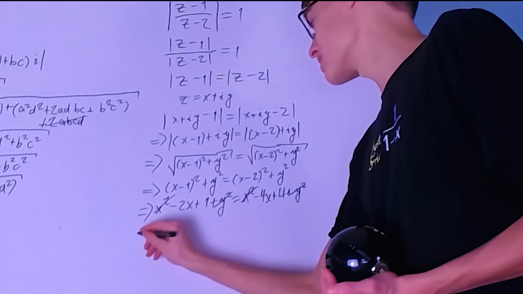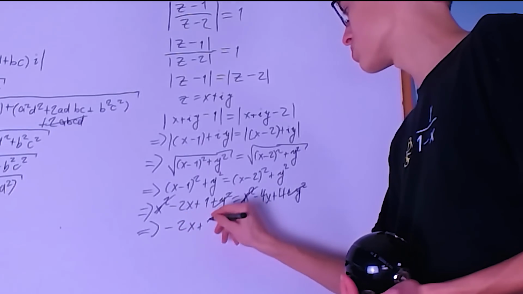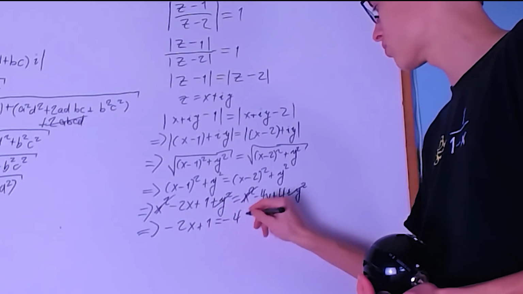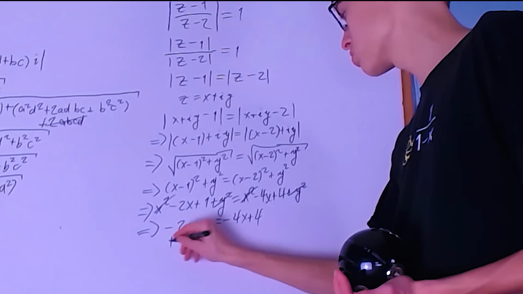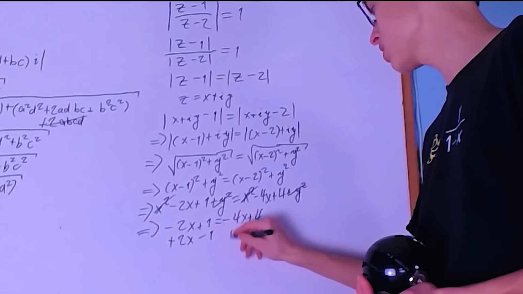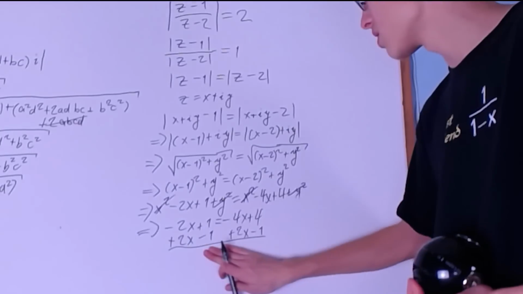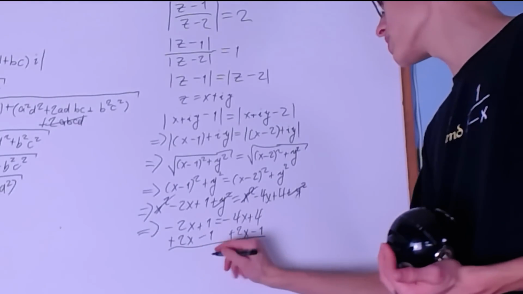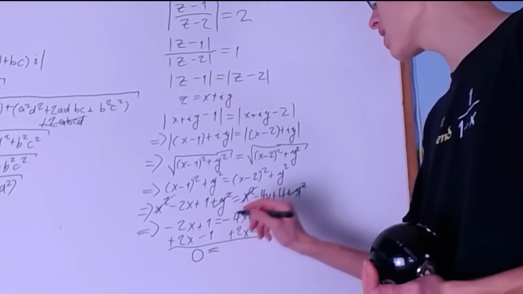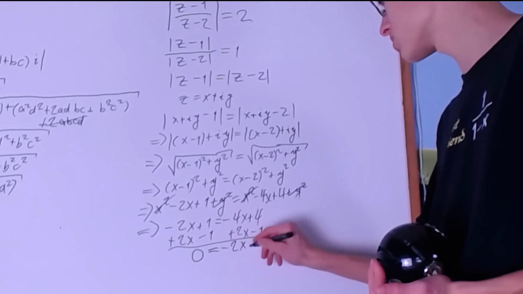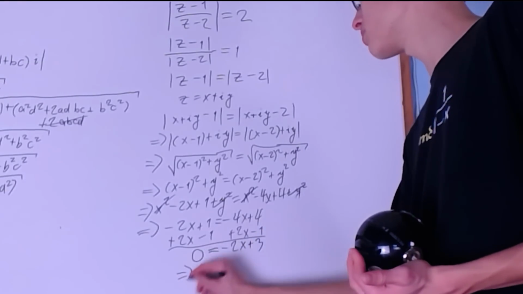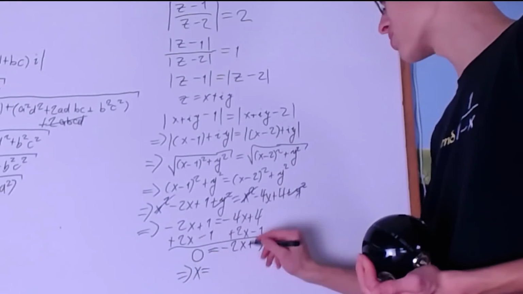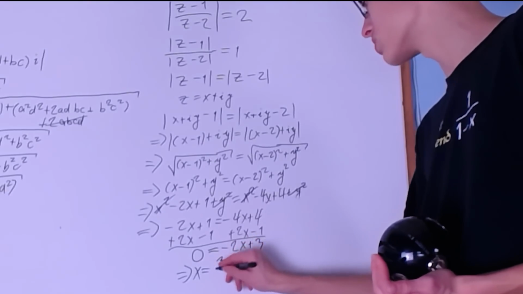Now the only thing that's left is minus 2x plus 1 is equal to minus 4x plus 4. And that's just a simple equation. So that's plus 4x minus 1 on both sides, which, doing this out, gives 2x on the left-hand side and 3 on the right-hand side, which, pretty obviously, it's a one-step equation, gives us x equals 3 over 2.